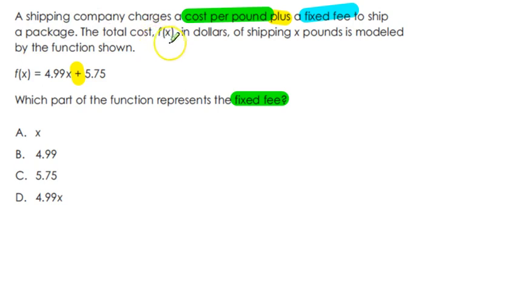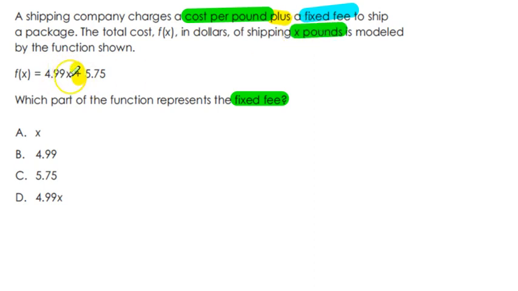The total cost, f of x, so that's our total. We know it's not f of x, and in fact, we know it because it's not even an answer option. Of shipping x pounds. So this is telling us what x is, and we know 4.99 goes with x. Well, x is the pounds. That goes back to the cost per pound.